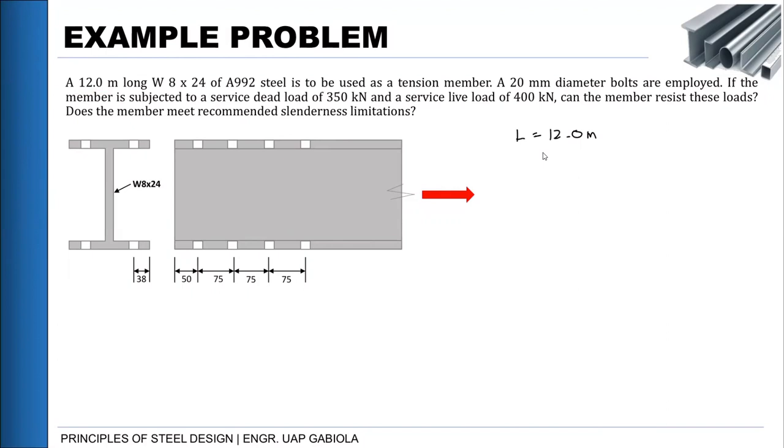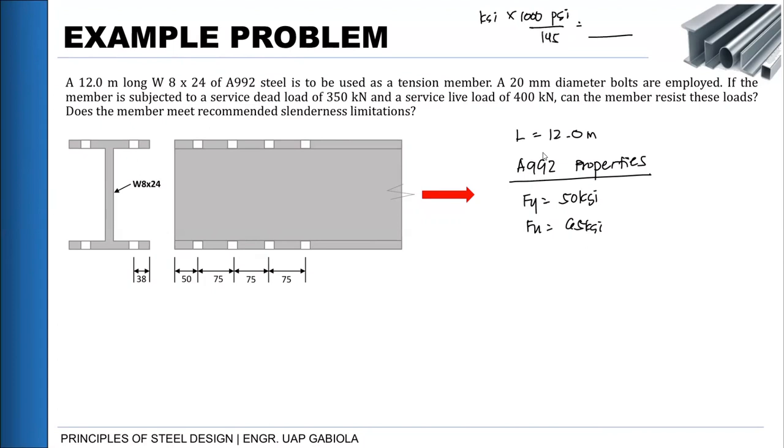Okay. Then we have an A992 steel. A992 steel properties. So we just need to go back to our discussion. Fy will be equal to 50 KSI and Fu will be equal to 65 KSI. Okay, so in metric, we can easily convert KSI to megapascal by multiplying KSI value times 1000 to make it in PSI and then divide it by 145 and the answer will be in megapascal.